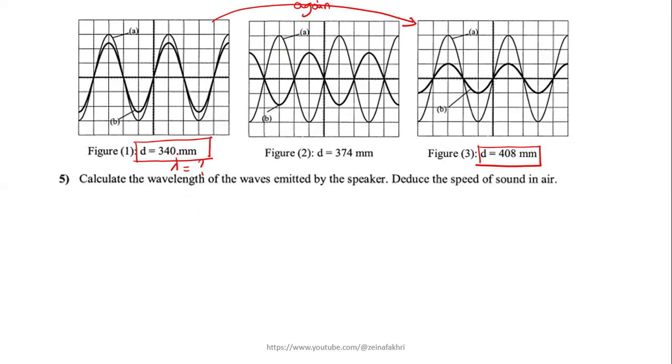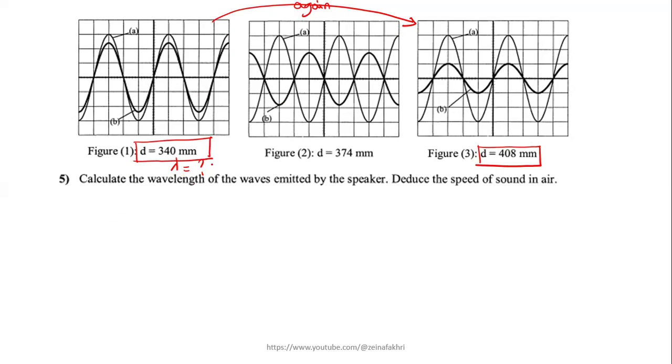They were in phase and they become again in phase, for only one time; it did not pass twice, only once. Then they are in phase again, which means we only have one cycle that has passed. So this means that the distance between the two microphones is equal to lambda.